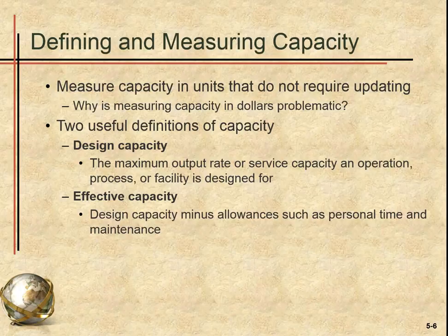Effective capacity is you take the design capacity, what the engineers designed the machine to have as the maximum capacity, and you reduce allowances for personal time and maintenance. And effective capacity is really the maximum capacity you can get from this machine in real life, in the real world, not in a lab or on some engineer's board.